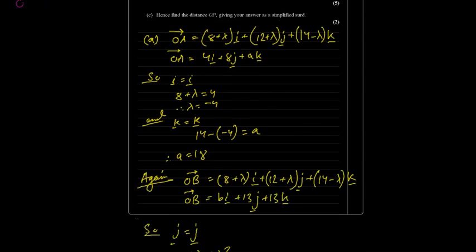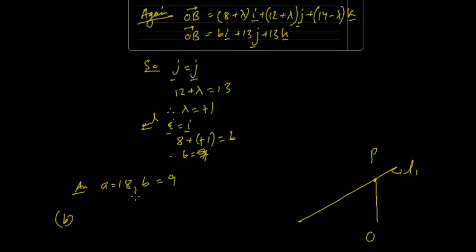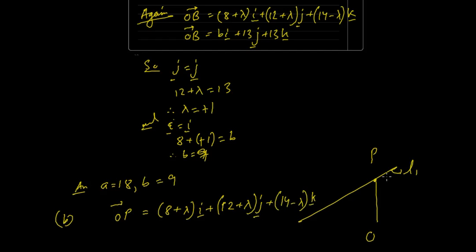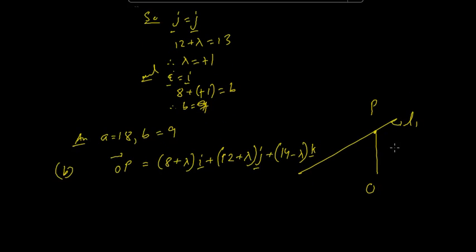So this time I can write OP as this. So OP equals to 8 plus lambda i. Remember, this is the position vector of any point on that line, and a specific value of lambda will represent a specific point. j, and this is 14 minus lambda k. Now one thing that we have is this OP is perpendicular to the line L. Whenever two vectors are perpendicular, we take the dot product of the direction vectors as 0.